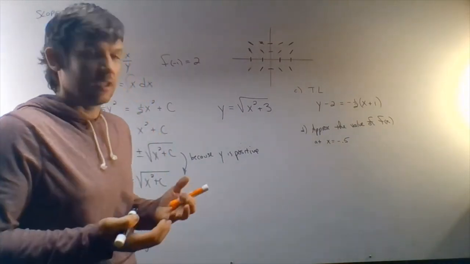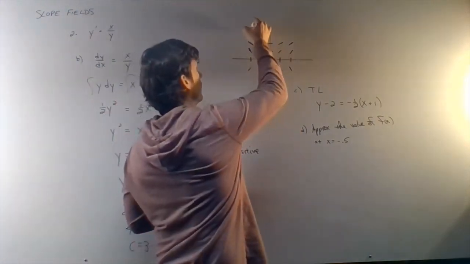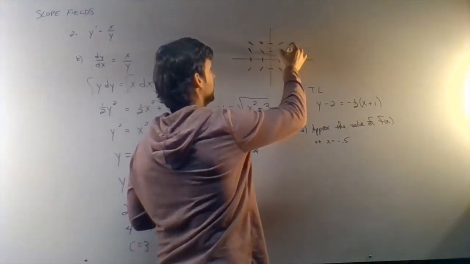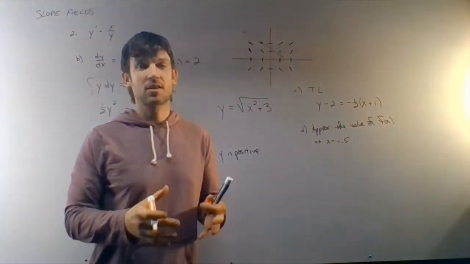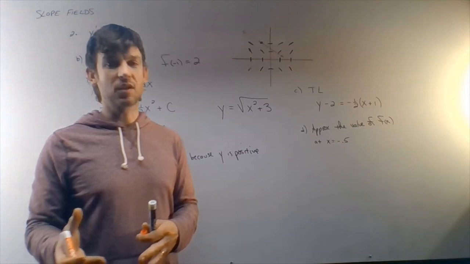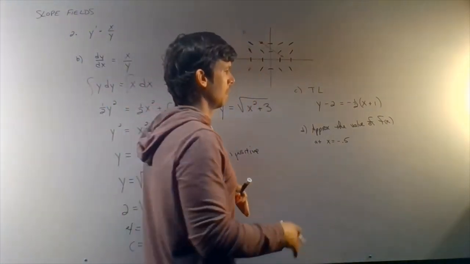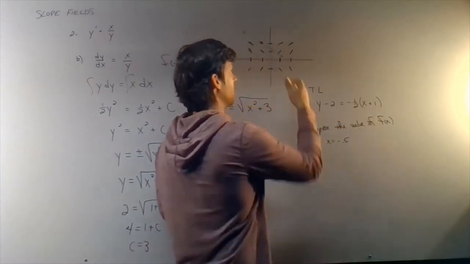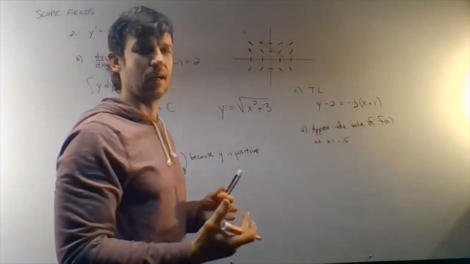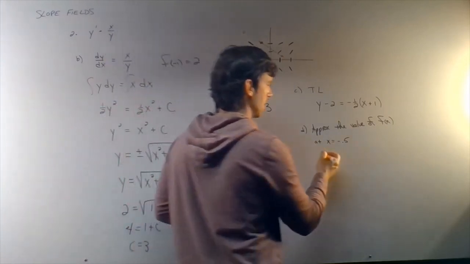If I graphed the tangent line on here, it's that line right there. And I can use tangent lines to make approximations if I don't know what the actual function is. So let's pretend we didn't figure out what the function was. I can find the y value by plugging in my x value. Let's just follow that and get an idea of what the value of our function is going to be.